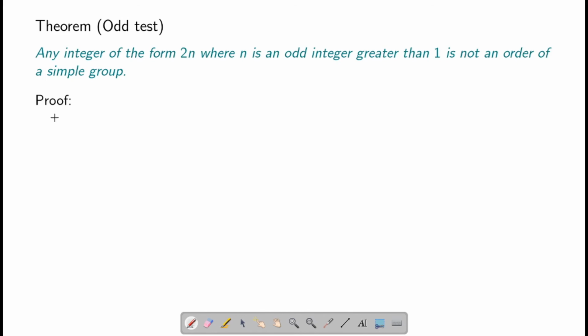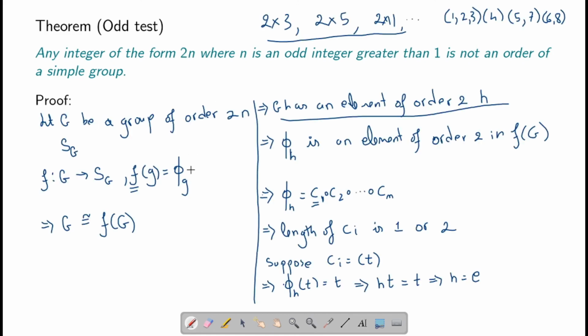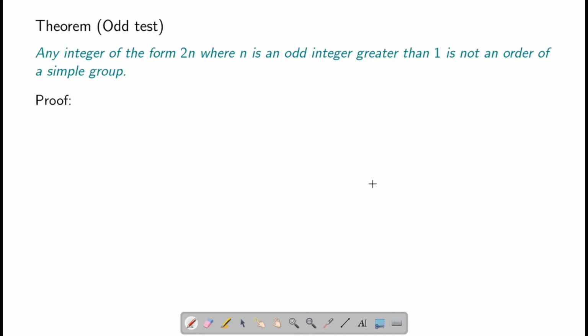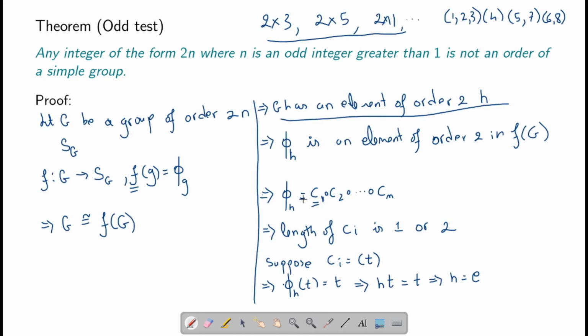Now since the length of all of those cycles has to be 2, the cycles will partition 2n, and each of them should have 2 elements in it, which would mean that m is equal to n. So φ_h is a product of n cycles, each of length 2.